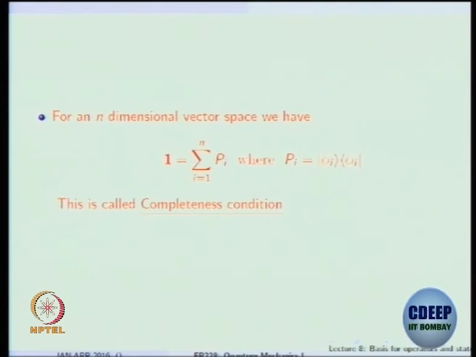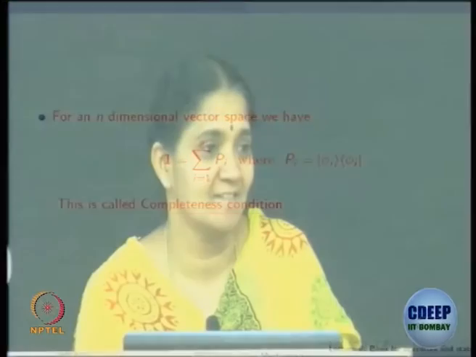So, you have not spanned the whole space, and you have not found the complete set of basis states, right? Suppose you are in XYZ and I give you only P1 and P2, and I say that there is only phi 1 and phi 2. If the sum is not equal to 1, you know that it is not spanning the whole space. You have to have one more, then this is not a complete basis set.